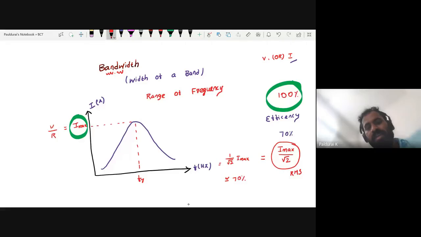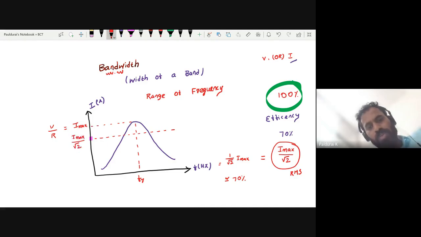So that's why you want to do this to measure the bandwidth. This time, actually, this full scale is 100%, so where will the 70% come? Approximately it comes here. Okay, so now here what do you want to do? Draw a straight line. Now this is my I max by square root 2.